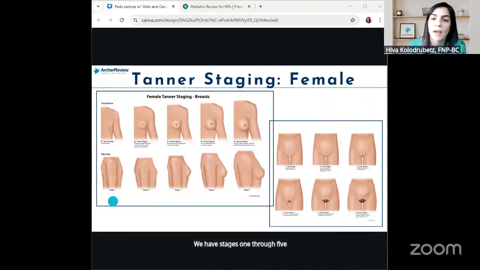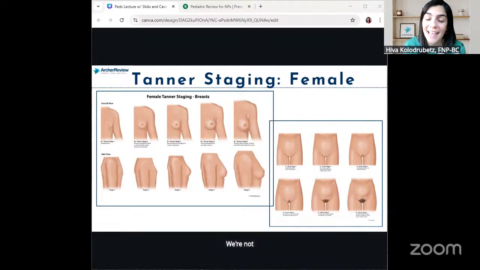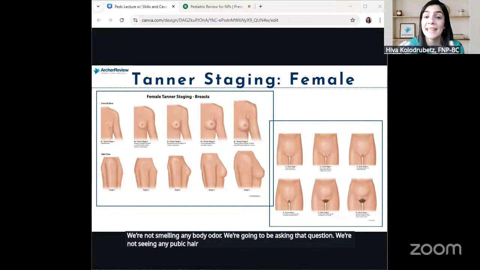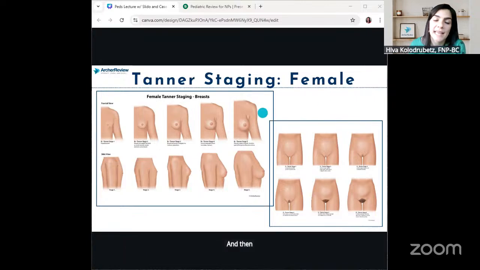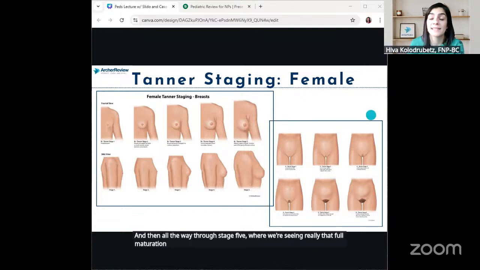Stage 1 is that pre-pubescent stage. Really, we're not seeing anything. We're not smelling any body odor. We're going to be asking that question. We're not seeing any pubic hair development, and we're not seeing any changes in that breast tissue either. And then all the way through stage 5, where we're seeing that full maturation, it marks sexual maturity in adulthood or by the end of puberty.